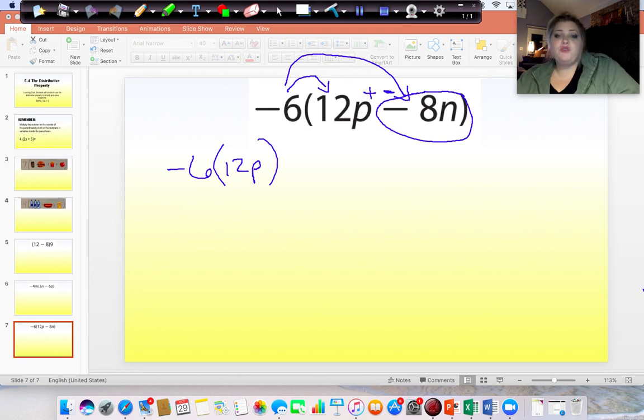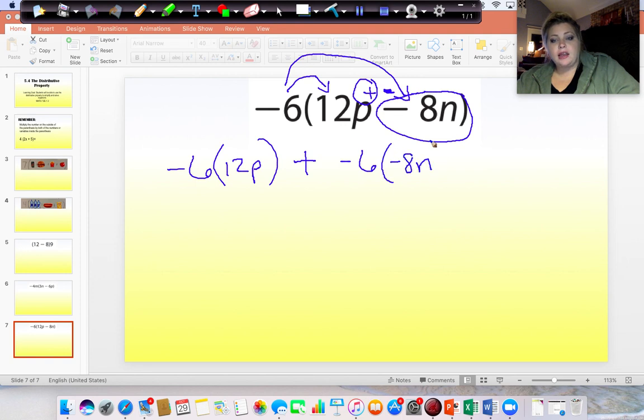If I just confused you all to pieces, just put minus and then put negative 6 times 8n. If I did not confuse you, then we can go ahead and put our addition sign, and we can change this 8n to negative 8n. So negative 6 times negative 8n, negative times a negative is a positive.